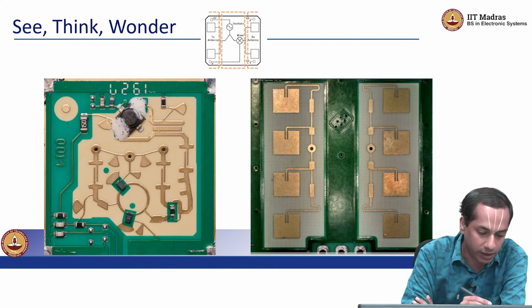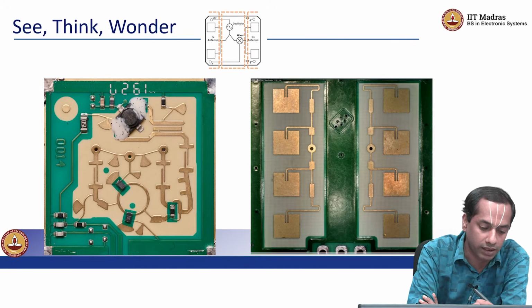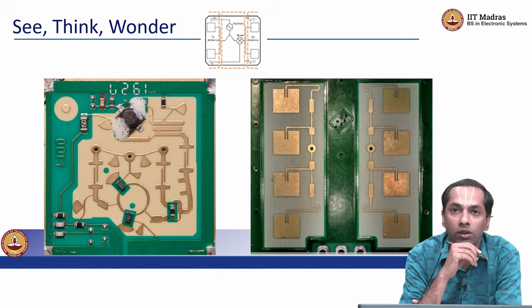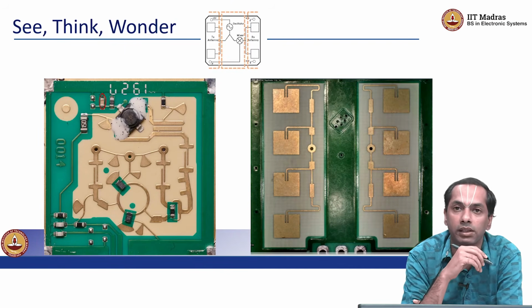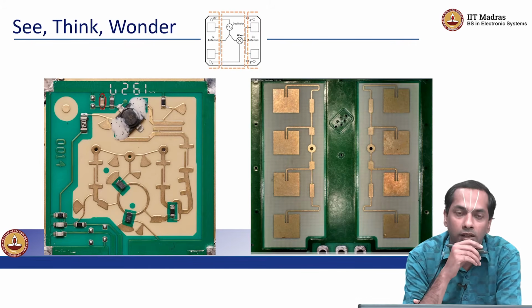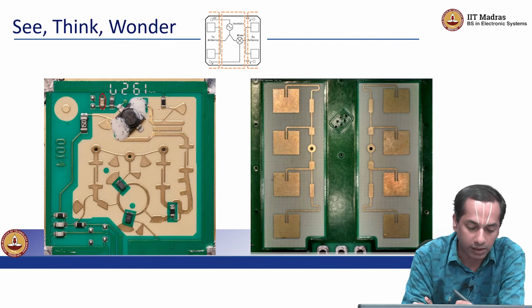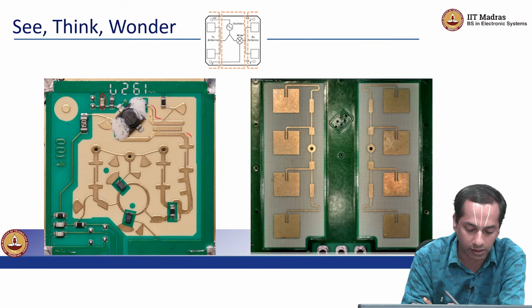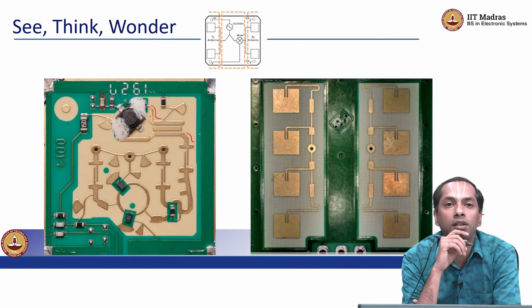Despite the fact that you might see some elements that you may relate to as so-called lumped components like resistors, inductors or capacitors, what may come to your mind are the way these so-called copper traces are laid out, right?